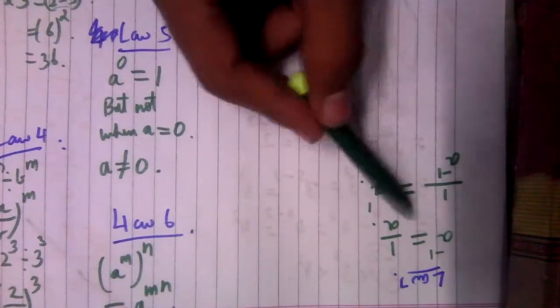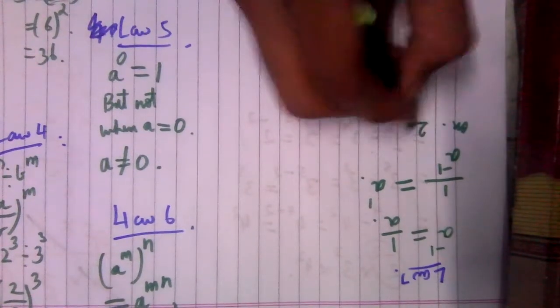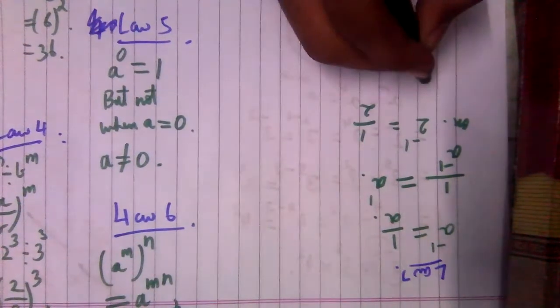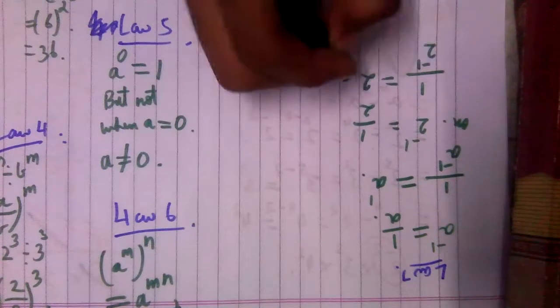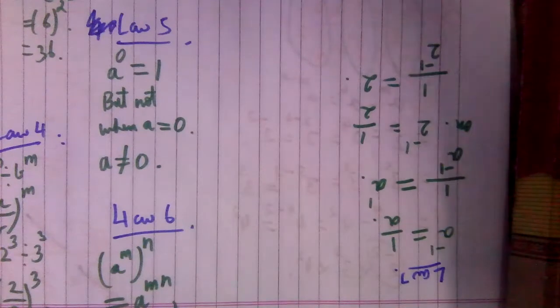This is just the inverse of it. For example, 2 to the power of minus 1 will be equal to 1 by 2, and 1 by 2 to the power of minus 1 will be equal to 2. This is not so complicated, but it's very useful for the upcoming problems. Until then, see you in the next video.